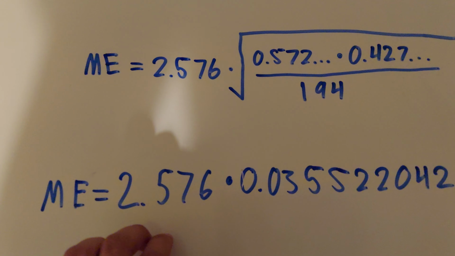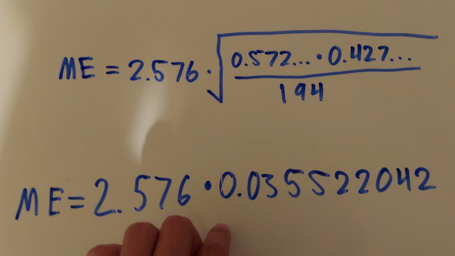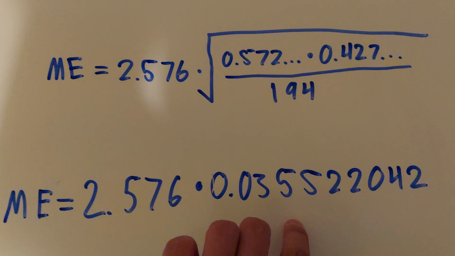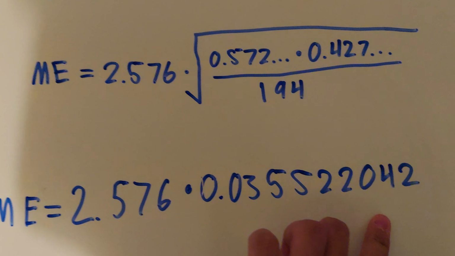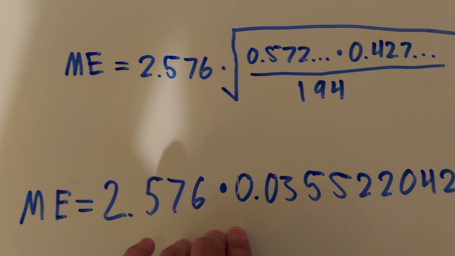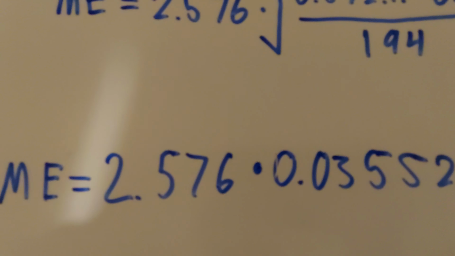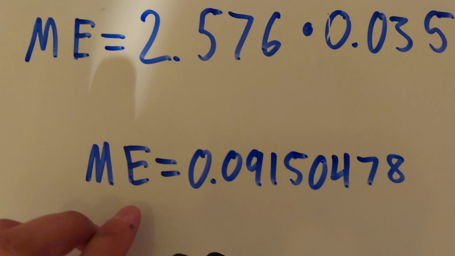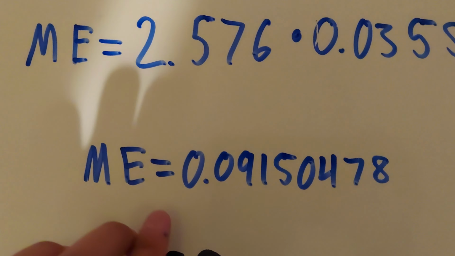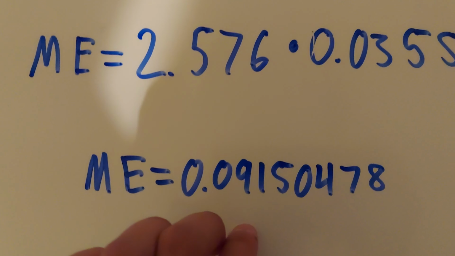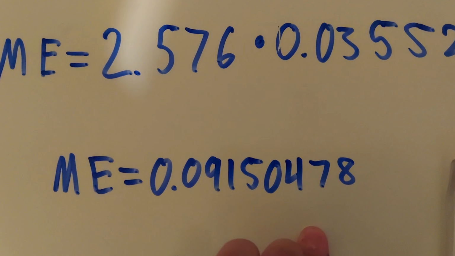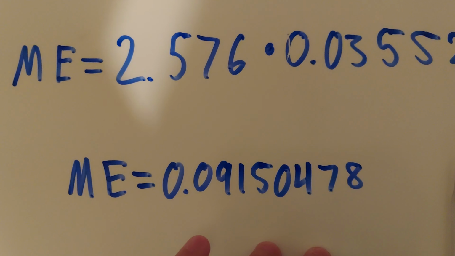ME equal to 2.576 times 0.035522042. Now with this, we're going to multiply them together. When we do so, we're going to get margin of error is equal to 0.0915048. Now that's pretty good.